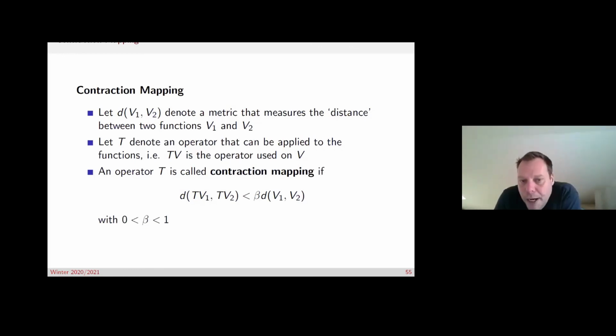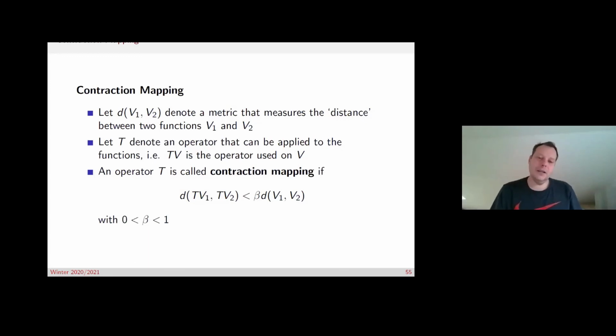Then an operator, so the operation that you apply to the 2 functions, is called a contraction mapping if this distance decreases. This is the general idea. So if you have this operator applied to those functions, the distance between those two functions decreases.